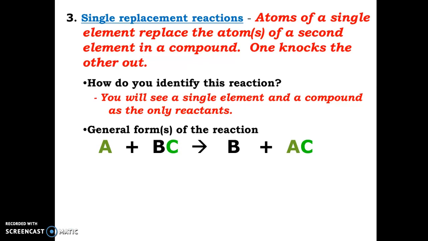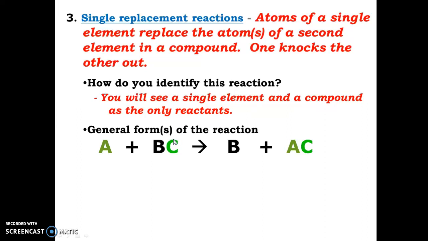So our general form of this equation is going to be, we're going to have some element A and some compound BC. Well, C is more attracted to A than it is to B. Just like Mary was more attracted to Joe than she was to Frank. So what she did was she left Frank for Joe.